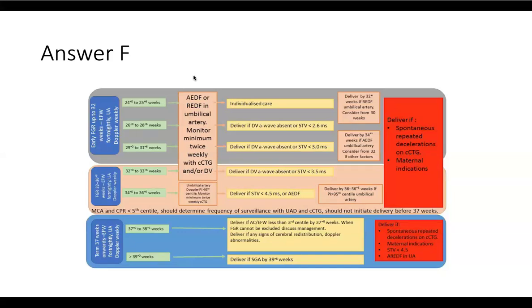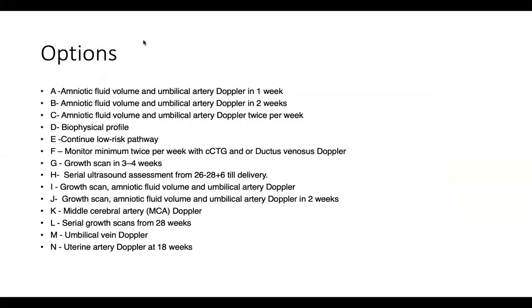And what will happen if the umbilical artery is normal? We will increase surveillance and we will change the mode of surveillance to minimally twice per week with computerized CTG and/or ductus venosus, okay? Let's go back to the options. You will find that it was written there in the options, okay?